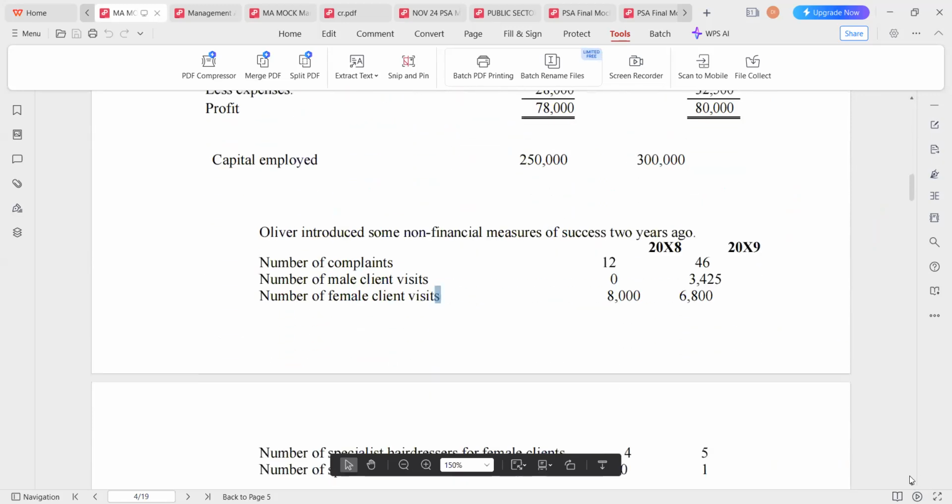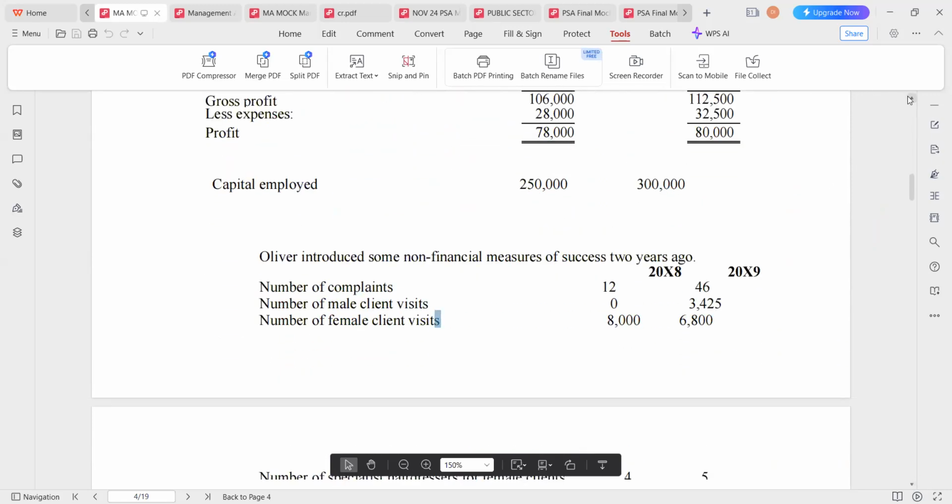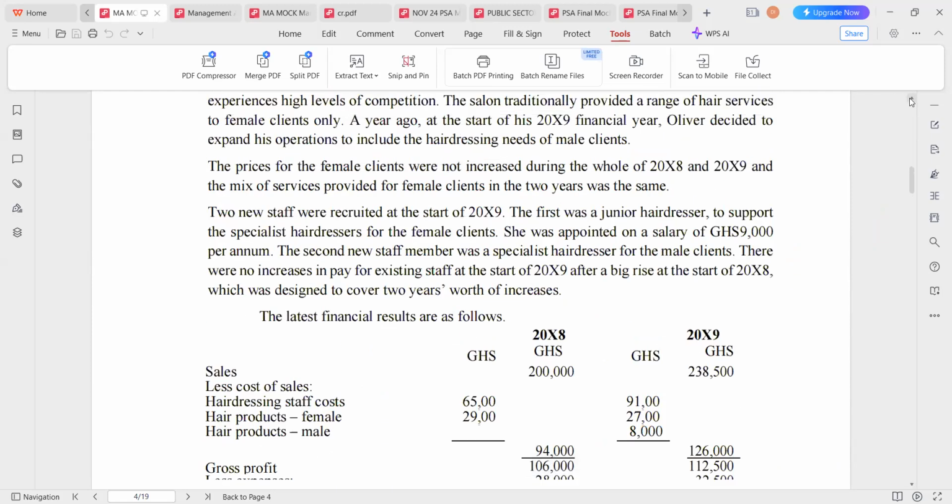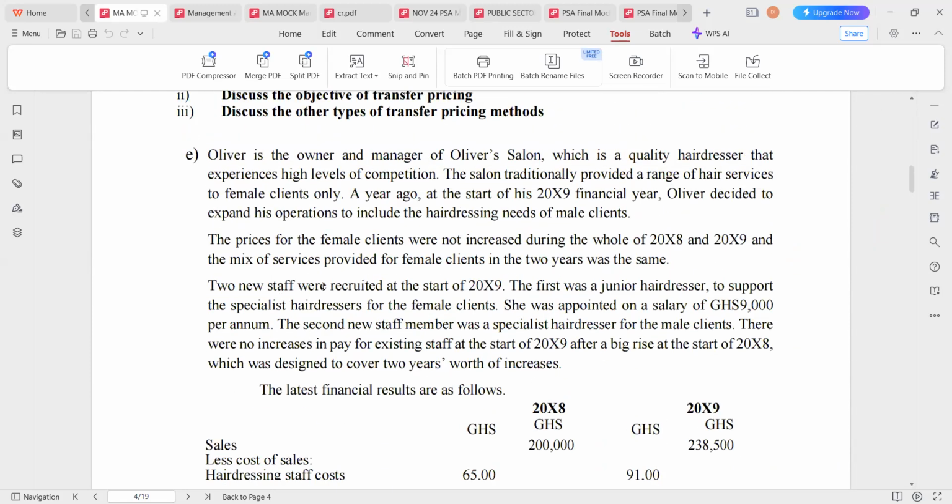Okay, so the very first step, they give us a scenario in the case. They said the saloon traditionally provided a range of hair services to female clients only. So it's a saloon that serves only female.